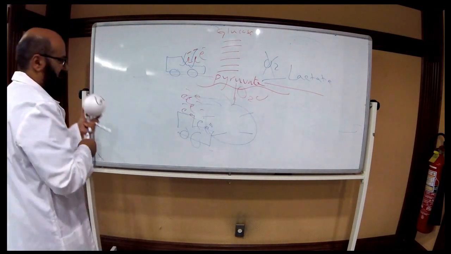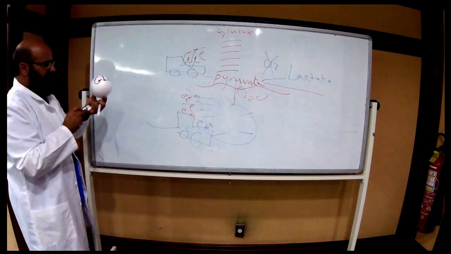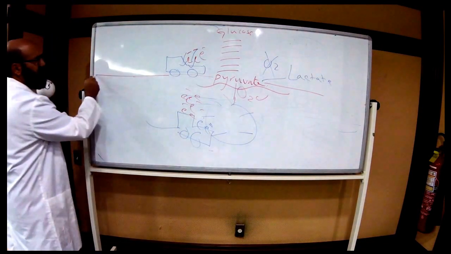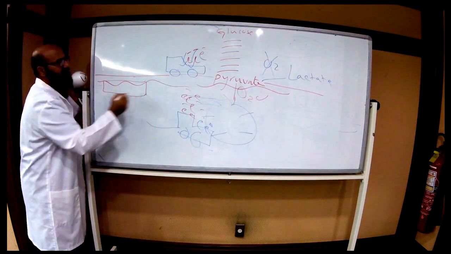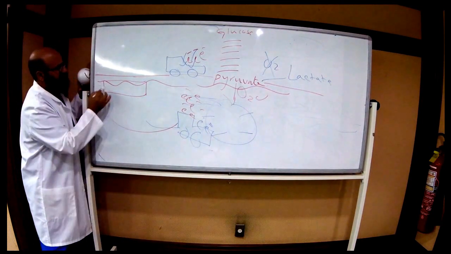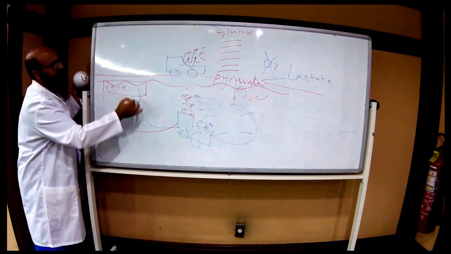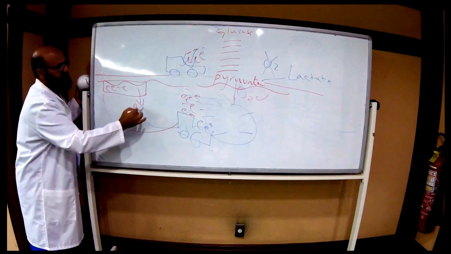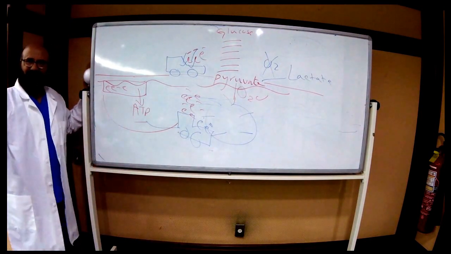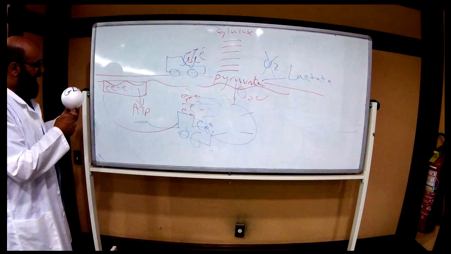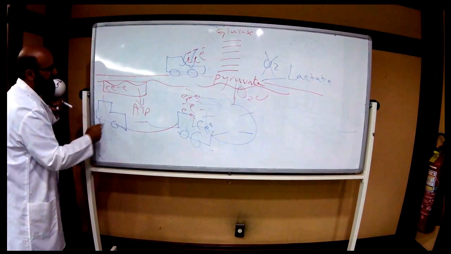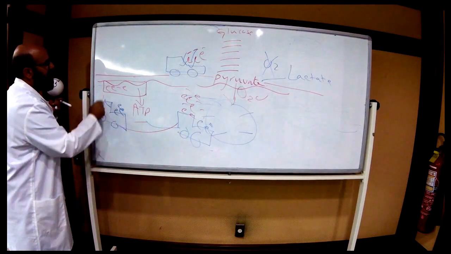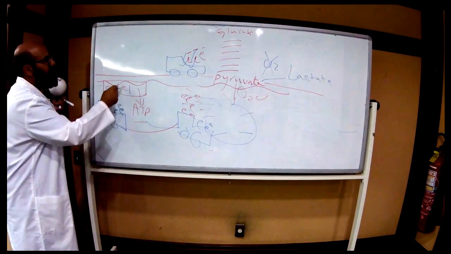And we found out that these cars go to the inner mitochondrial membrane. If this is the outer and this is the inner membrane, there are certain reactions here whereby these electrons come here and produce ATP. Again, details will be later. So the cars will come here. These are the cars which have electrons, and electrons come to this compartment.